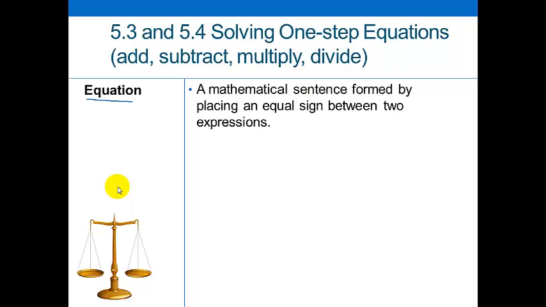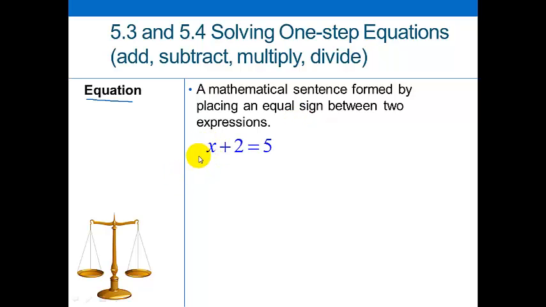So an equation is a mathematical sentence, because remember, algebra is about translating our verbal phrases into math. So it's a mathematical sentence formed by placing an equal sign between two expressions. So that's kind of the clue: whenever you see an equal sign, then you know that's going to be an equation.